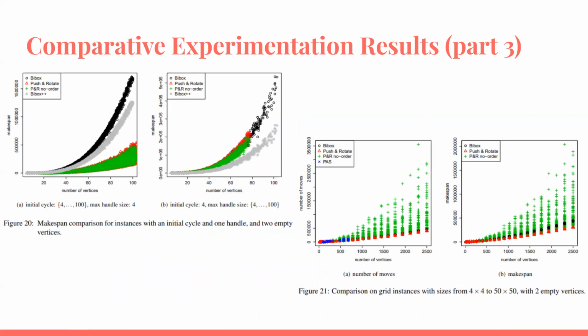So we will make some more manipulations to the initial cycle and the handle size, oh no, I'm sorry, it remains 2 empty vertices in this situation. And as you can see, there was a scripting error that resulted in having to cut off PNR's results here, but you can still see the trend.